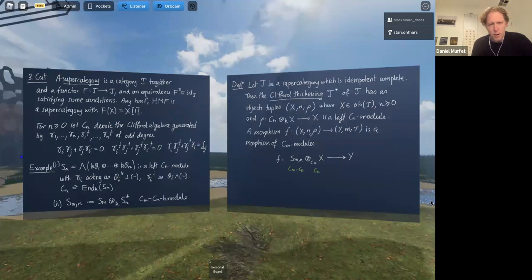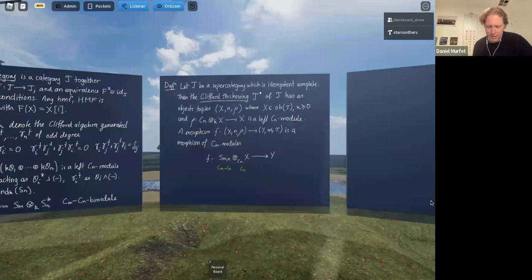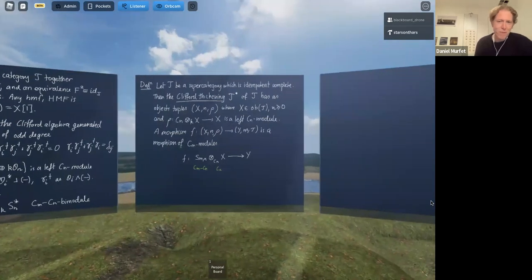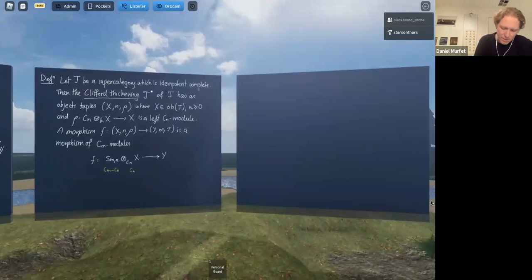It's a bit of an odd construction because Cn is a Morita trivial algebra. So T is equivalent to the Clifford thickening. So it's really the same category, but not quite. I mean, it's equivalent, but that doesn't mean it's the same. Okay, so let me explain what I mean.